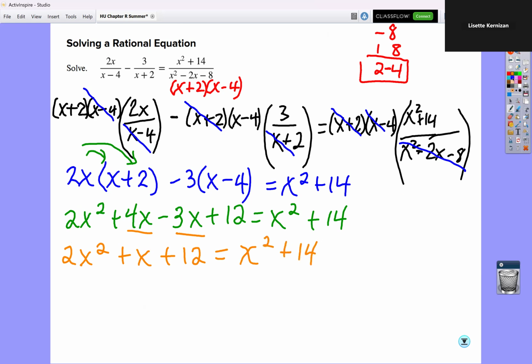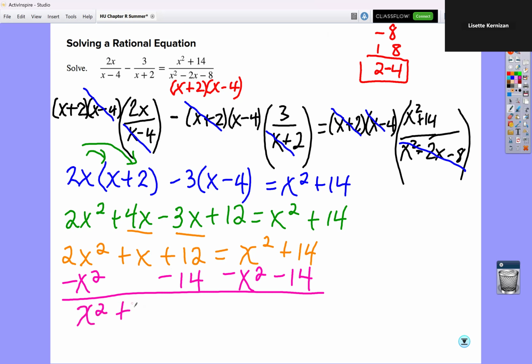Remember, we always want this to equal 0, so we're going to move everything to the left. I'm going to subtract x squared and 14. 2x squared minus 1x squared is 1x squared plus x, and then 12 minus 14 is negative 2. Now we need to factor. I need factors of negative 2 this time that add up to 1.